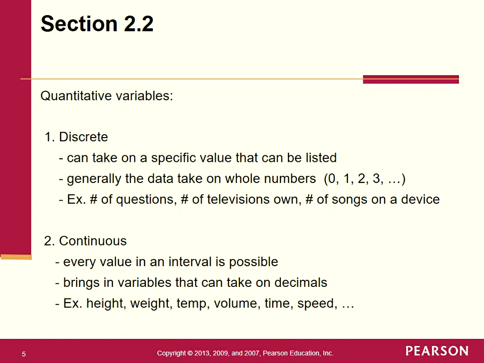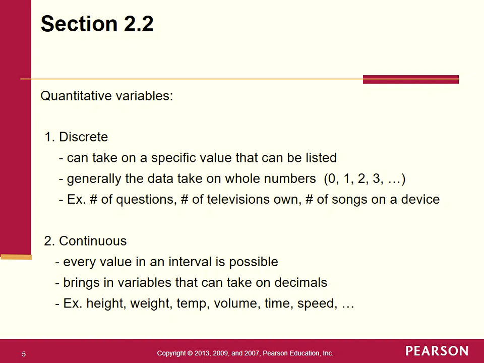So if it's a measurement and you can add another decimal to the end of it and it still makes sense to you, it's continuous. Like for instance, number of songs. If I told you that I had 54.3694 songs on my listening device, you would go, huh? Because you're expecting a nice whole number.